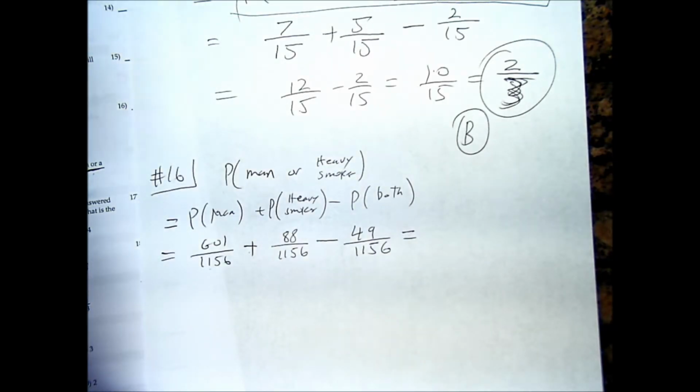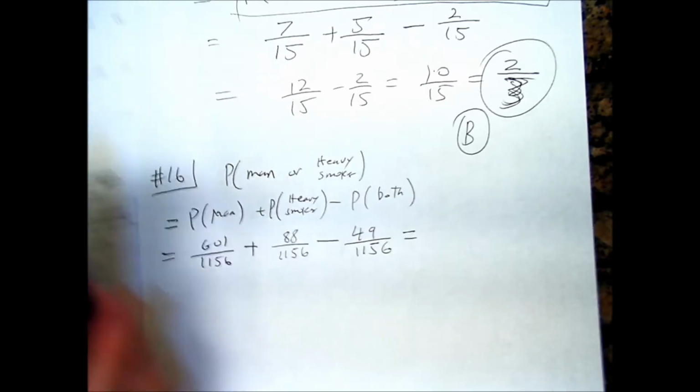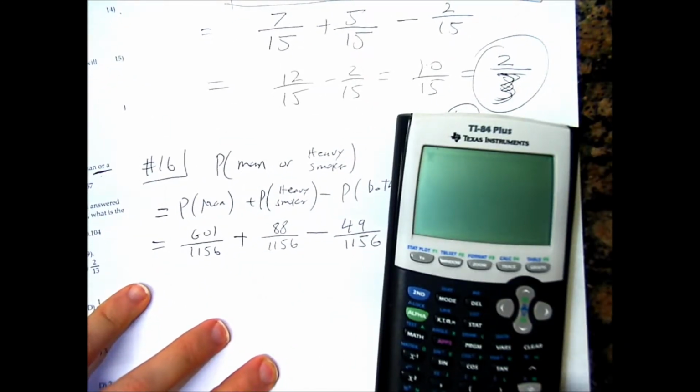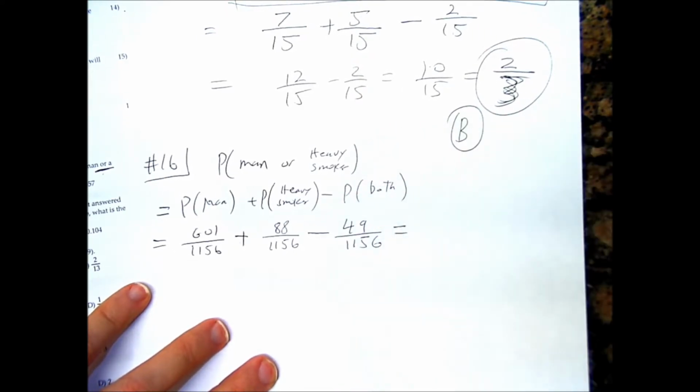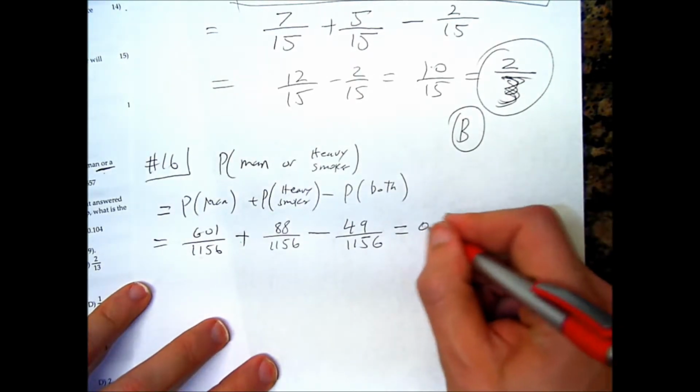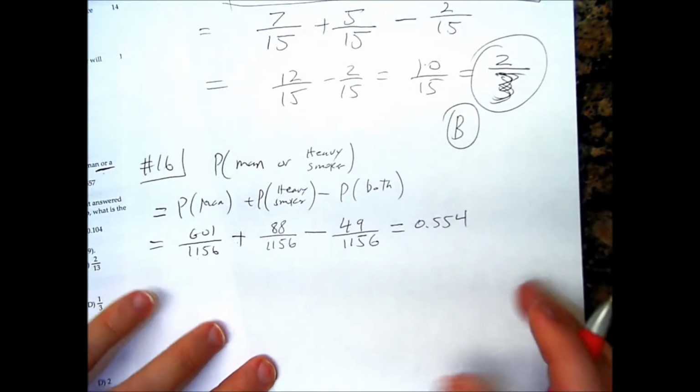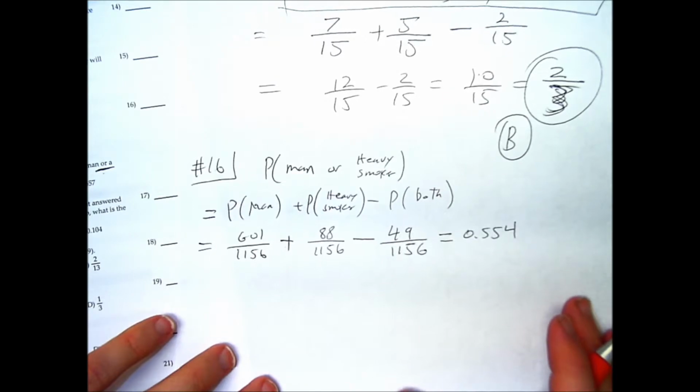So I use the calculator and I do 601 plus 88 minus 49 divided by 1156, which is going to give me 0.55, 0.554 if I round off, which is B.